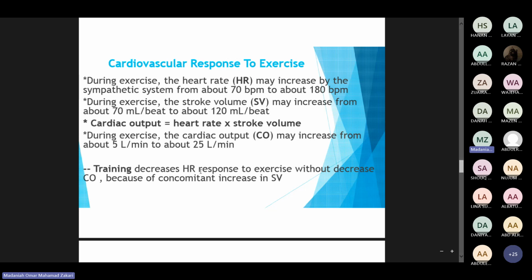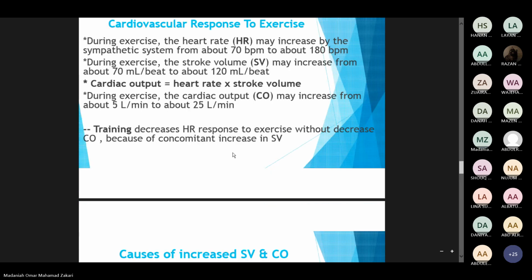The patients can talk about lower heart rate in response to exercise, without a decrease in cardiac output, because of a concomitant increase in stroke volume. While the stroke volume is increased, even if the heart rate is lower, cardiac output will be increased. So take care of the stroke volume, because the cardiac output will improve. This is when the heart has reached an efficient beat or pump, and this is by training, of course, as in athletes.